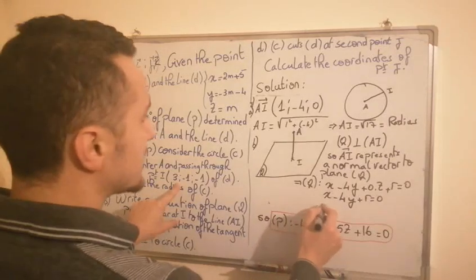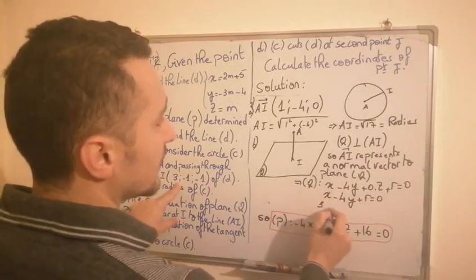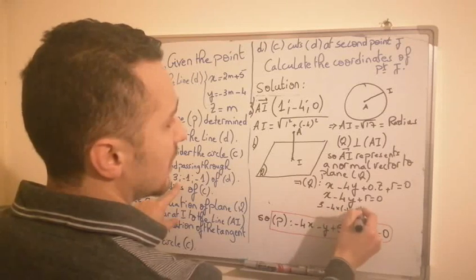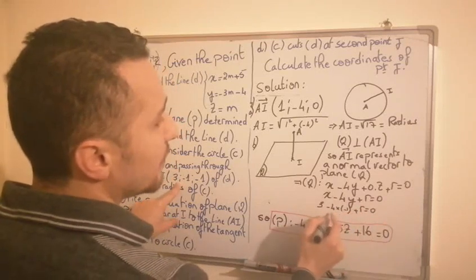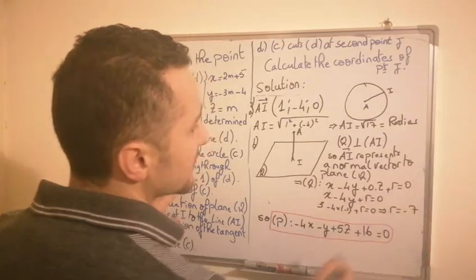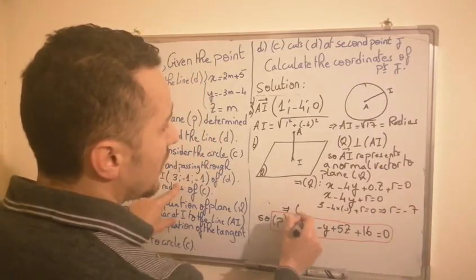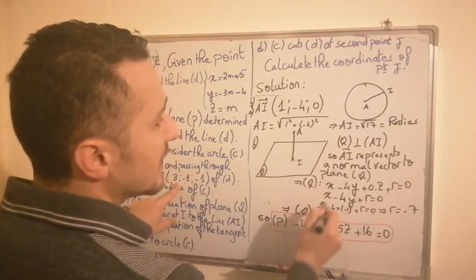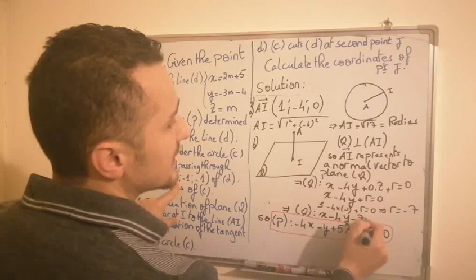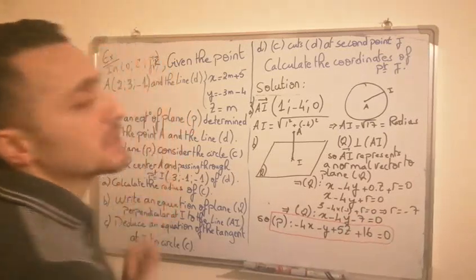By simple replacing, we obtain 3 minus 4 into -1 plus r equals 0. 3 plus 4, it's 7, implies r equals -7. Then, the equation of plane Q is x minus 4y minus 7 equal to 0.